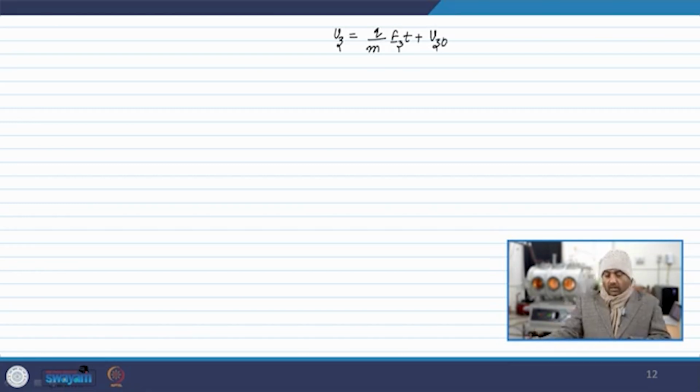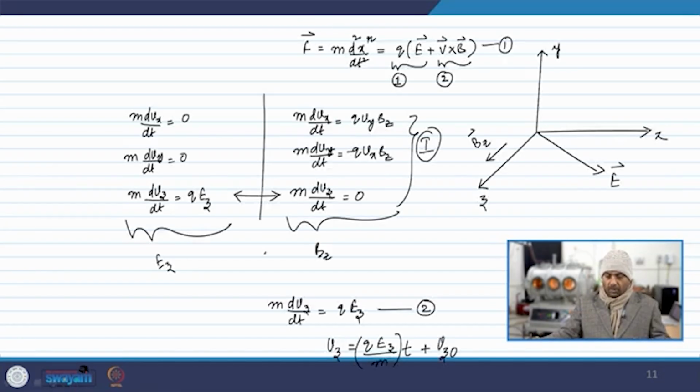Right. Now, let us look at the other components of velocity. Let us say we consider the x component of velocity. Now, since the electric field E can be resolved to have components along x as well as z direction, we have taken care of z direction of the electric field and this is what we have got.